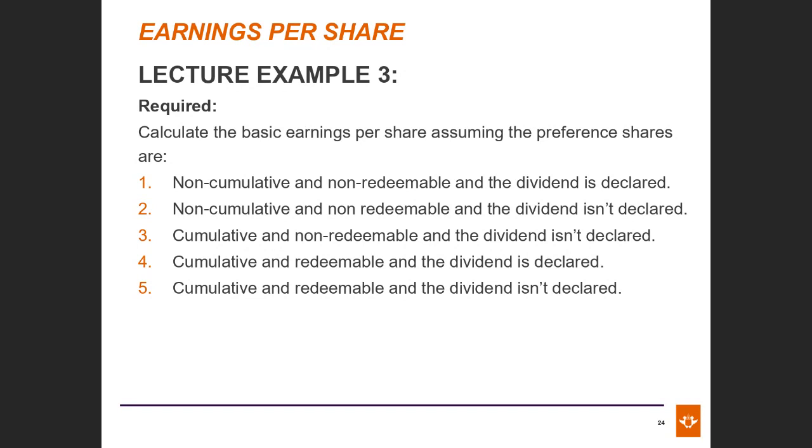So you agreed that because the preference share is a liability and is therefore going to be recognized as a liability, the preference dividend is already deducted when calculating the profit. So in order to get to your basic earnings, you're not going to deduct it again. Okay.